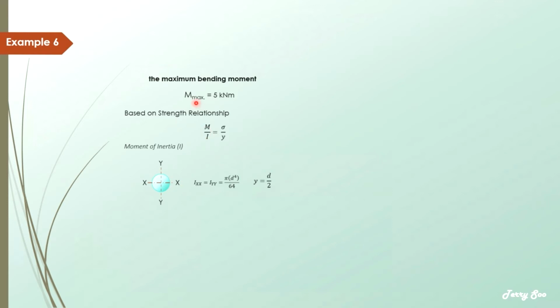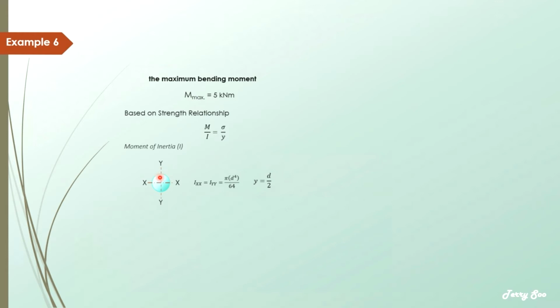When M is max, y must be max. When sigma is max, so must y be. So the outermost layer would be the maximum. You measure from the neutral plane to this point here.